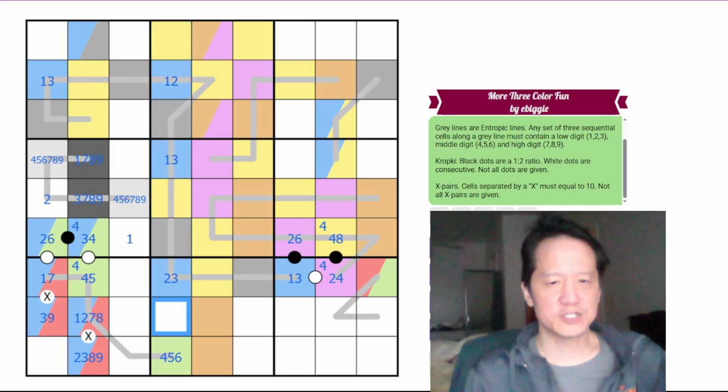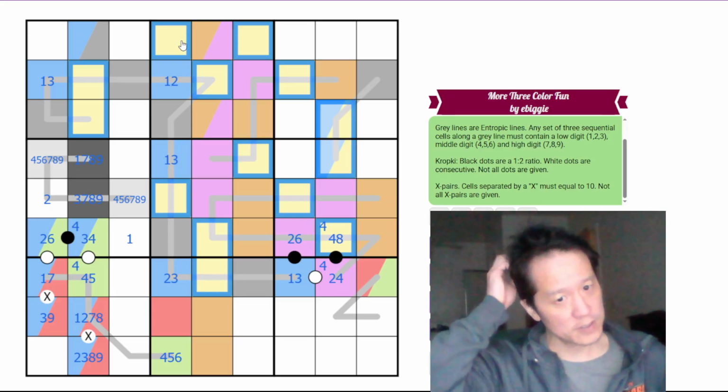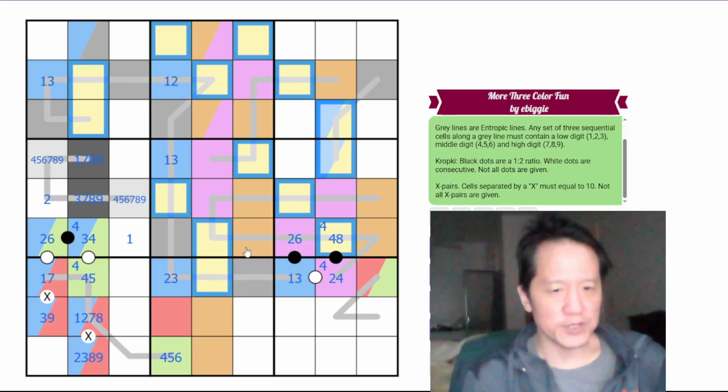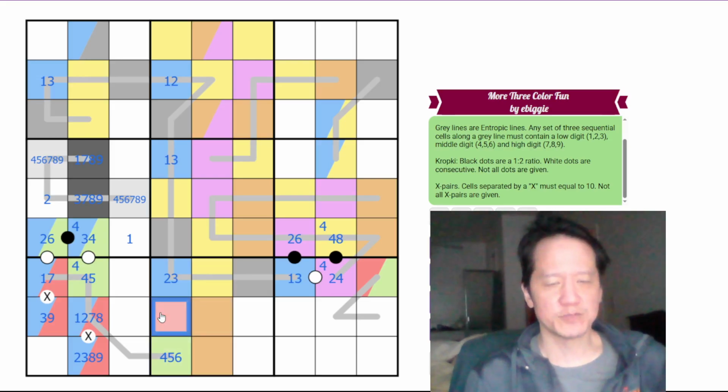So this must be a high digit, right? Because otherwise it doesn't fit. Because then these are essentially the same set. The medium grays are the same set, and the yellows are the same set. And we know this has to be a medium, so therefore this must be high.